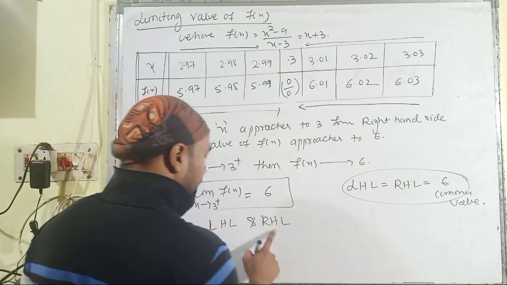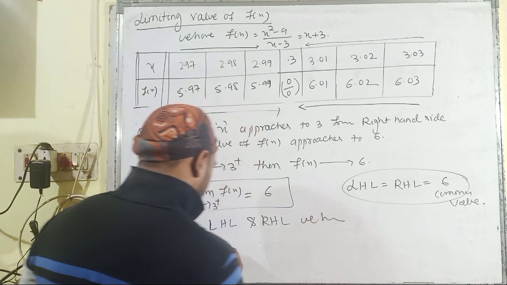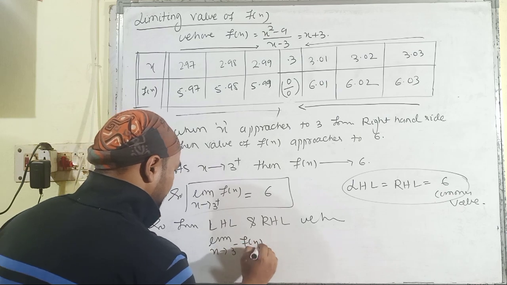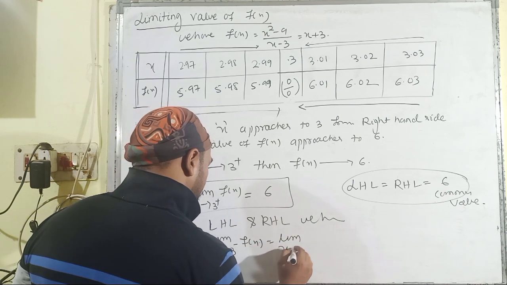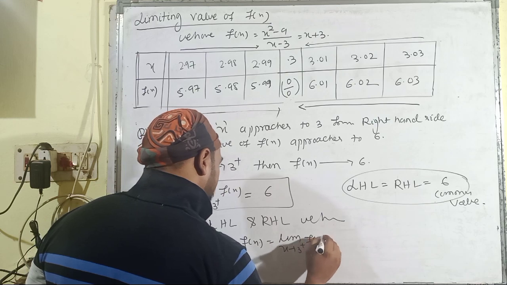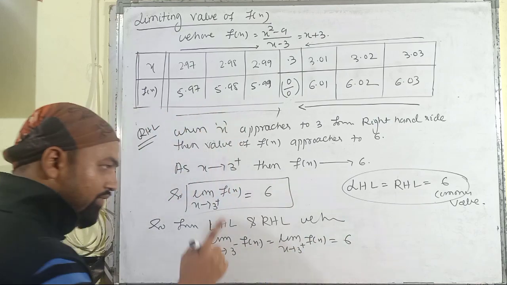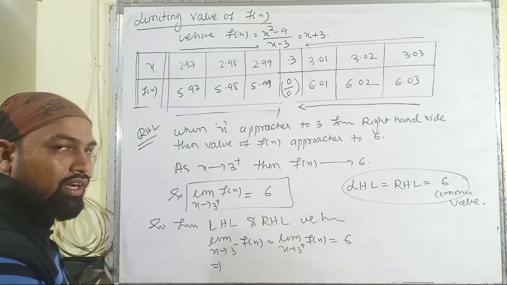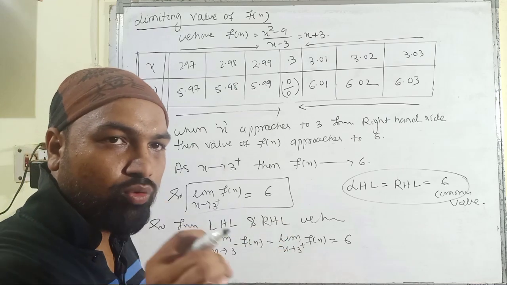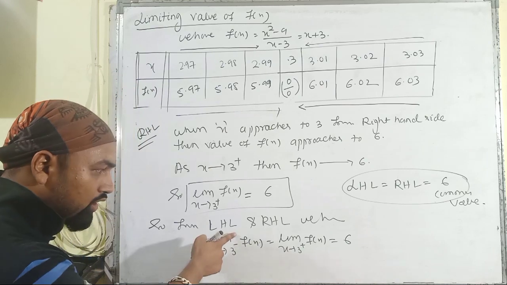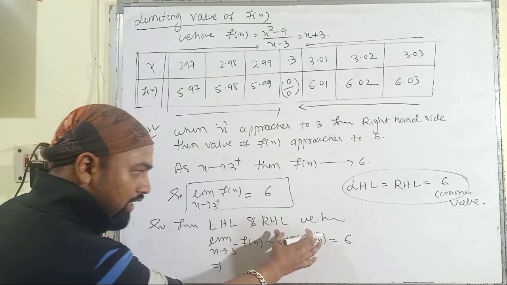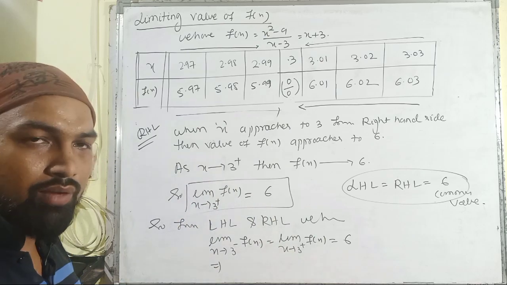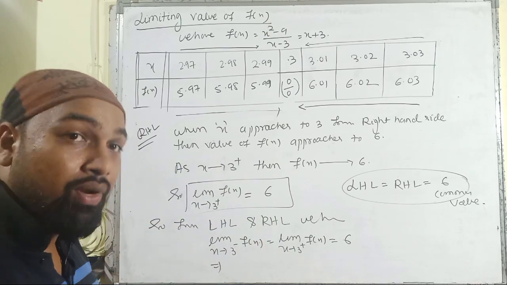So we have limit x tends to 3 minus f of x is equal to limit x tends to 3 plus f of x, and they are approaching the same value 6. So without writing these two, the left hand limit and right hand limit, just write down the limiting value.